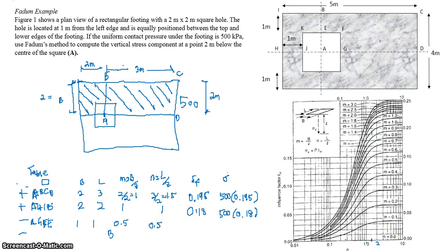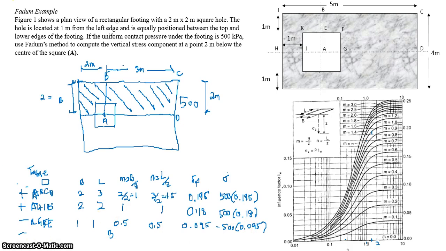So you got the value of the influence factor, and M is also 0.5. Say here, so you got 0.095 maybe. So it says 0.095, so negative times 0.095.